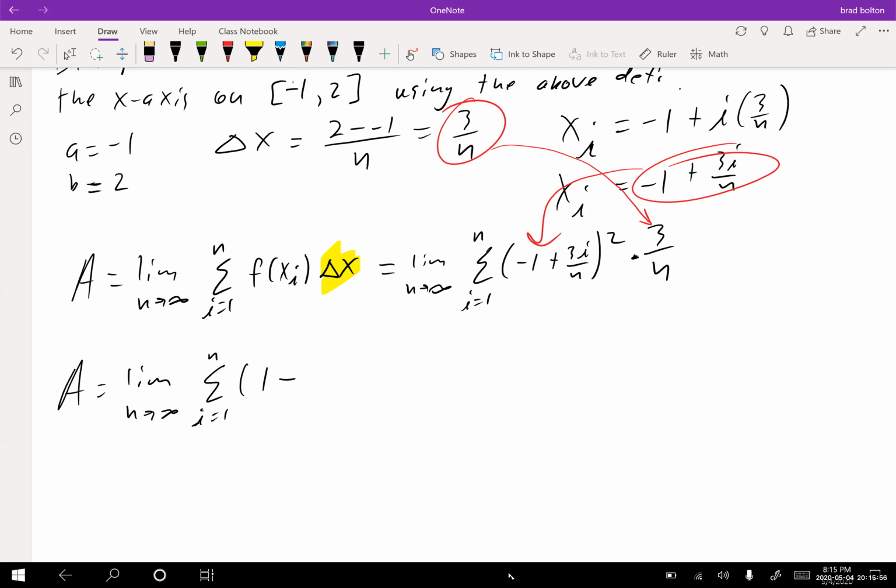So let me write that. -6i over n. Then we have to square this, so this would be 9i squared over n squared, and all of that times 3 over n. Okay, so that would technically be the problem, right? So we've written it out.